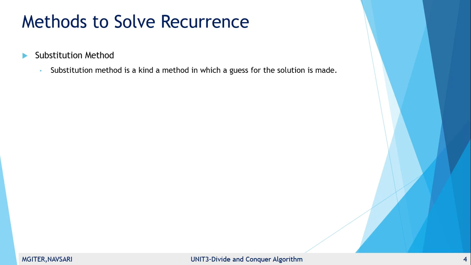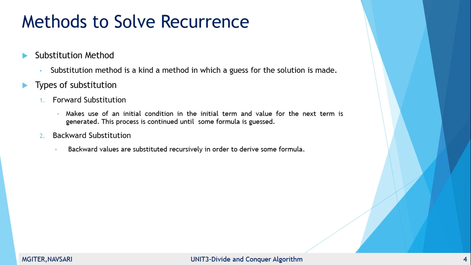Now there are different methods used to solve a recurrence. The first method is substitution and the second method is the master method. Now what is the substitution method? In the substitution method we guess the solution for the given recurrence relation. There are two types of substitution: the first is forward substitution and the second is backward substitution.